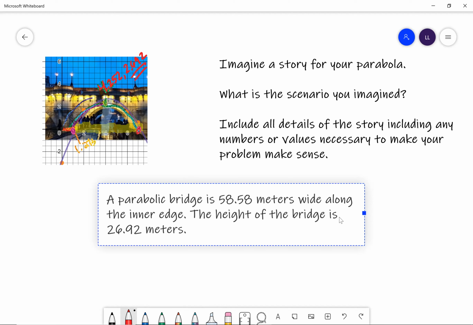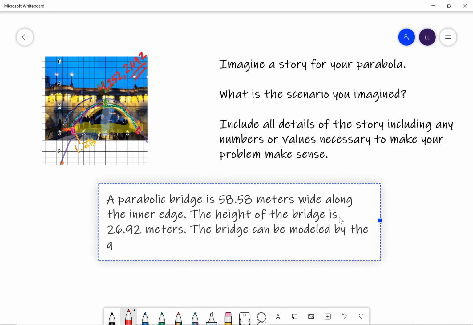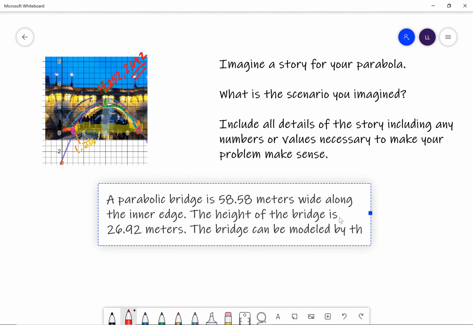All right. And so I'm going to now say that the bridge can be modeled by the quadratic. And I don't even have to say by the quadratic.